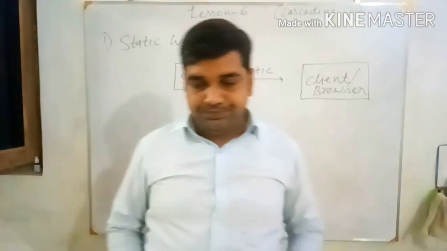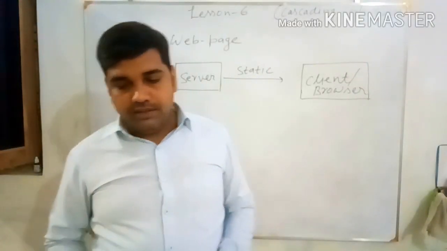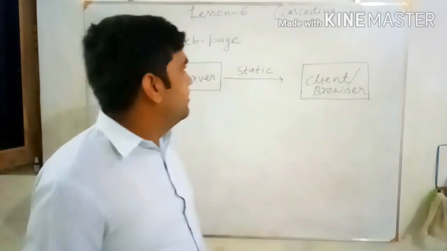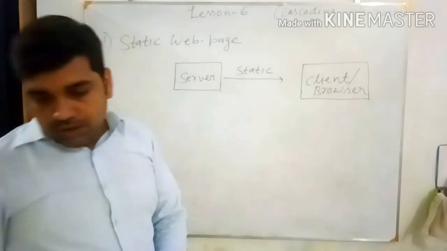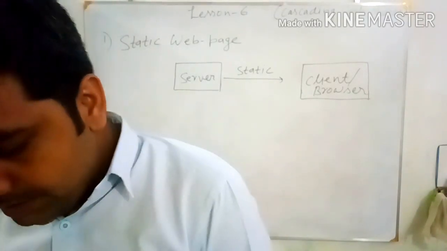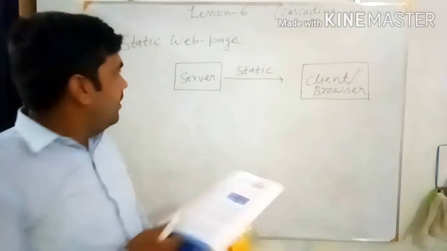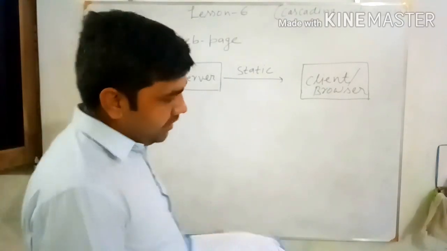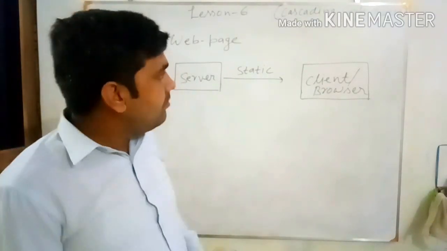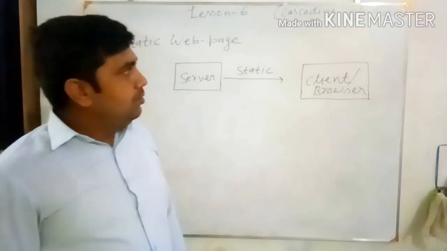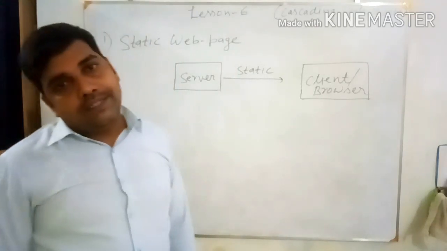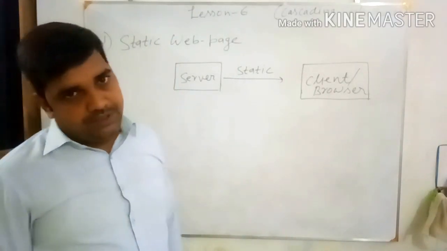Hello students, today we will start the new lesson, lesson 6, CSS, Cascading Style Sheets. So now in this chapter we will study how we write a program to control the display of the web page.